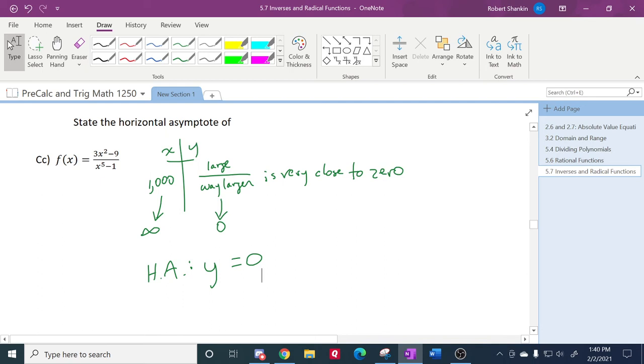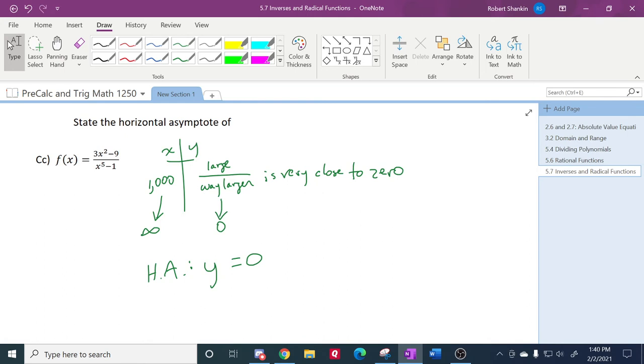Anybody want to take a shot at answering that? What's the pattern involved here? Is it that there's a much larger exponent in the denominator?